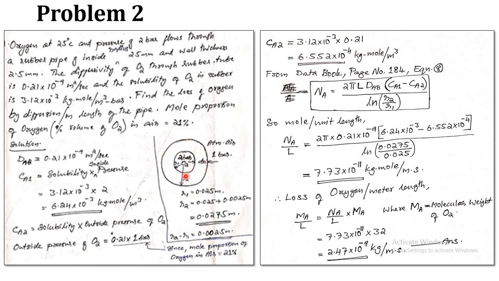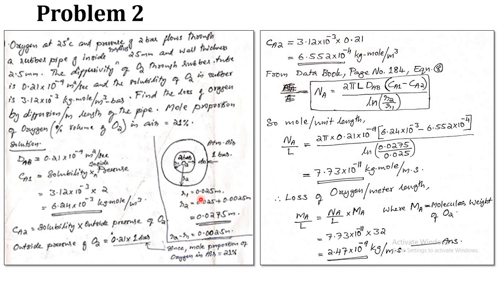Constant B is rubber and oxygen is constant A. Oxygen is maintained at 2 bar at the inside, given pressure is 2 bar, and at the outside there is 1 bar. If it is not given, assume it is 1 bar.